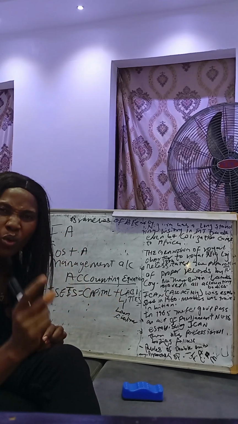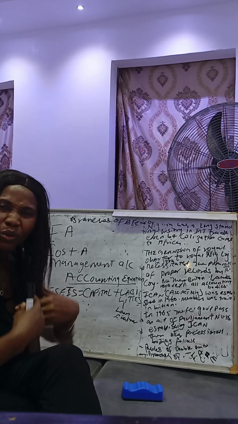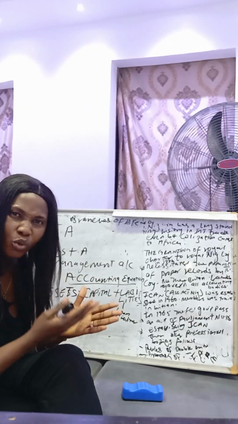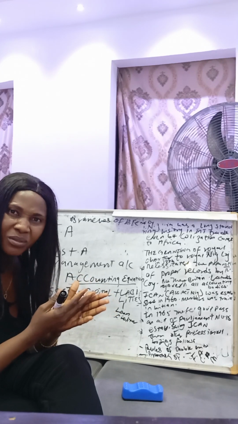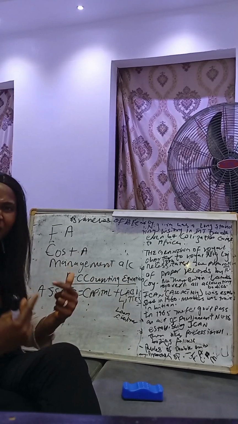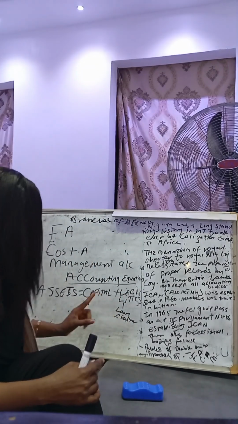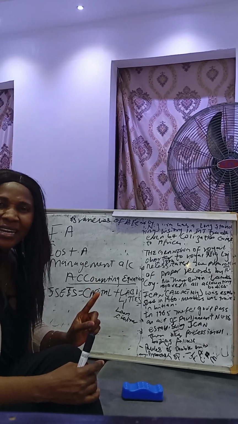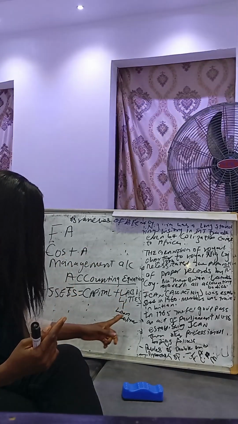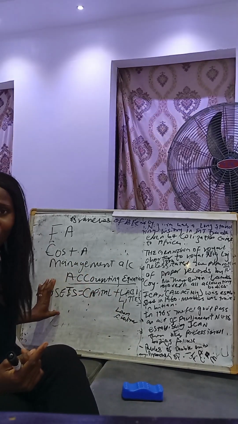When you apply for a loan in a bank, after filling all the requirements, they will give you the loan. And remember the rule, debit the receiver. If you borrow 50 million and you have capital of 50 million, is it reducing or increasing? Automatically, it becomes an asset to you.